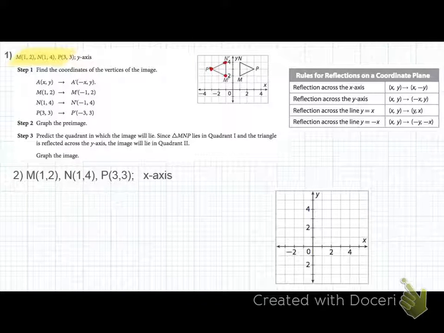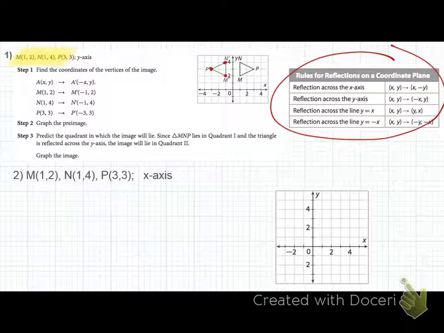It's easy to count. The other thing is if you know the rules, these are the rules you just wrote down here on the side. Since the problem is asking for the y-axis, you see up here y-axis, we're reflecting across the y-axis. Then you need to look at the rules for reflection across the y-axis.